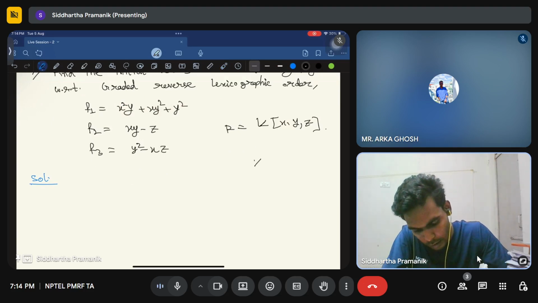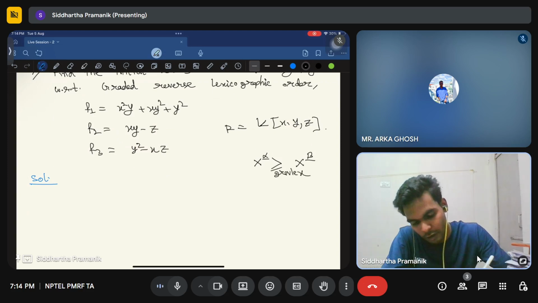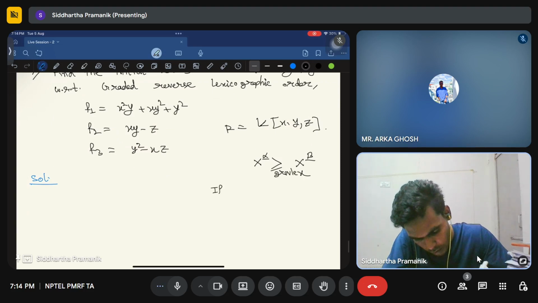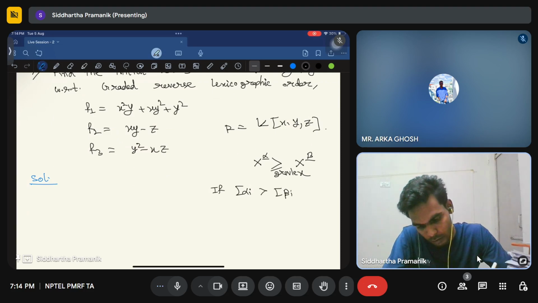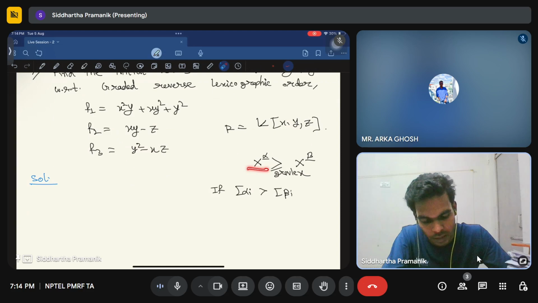If you take x power alpha and x power beta, two monomials, then when will we say this one is bigger in graded reverse lexicographic order? If the total degree of x power alpha is bigger than the total degree of x power beta, then we say x power alpha is bigger.